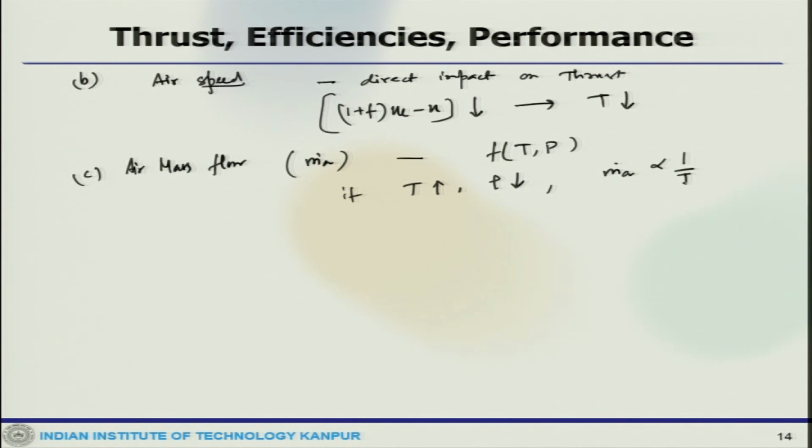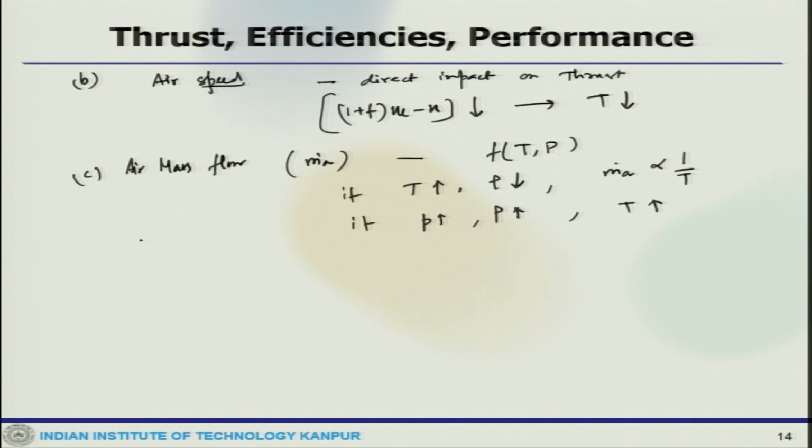On the other hand, if the ambient pressure increases in free air, it also increases its density. So, that means the thrust also increases.